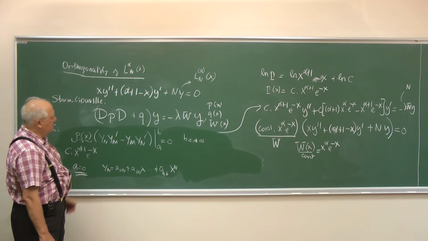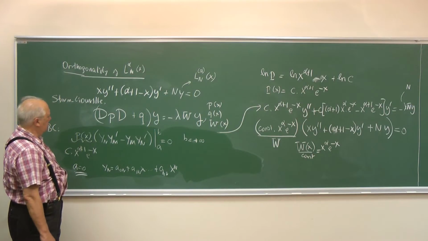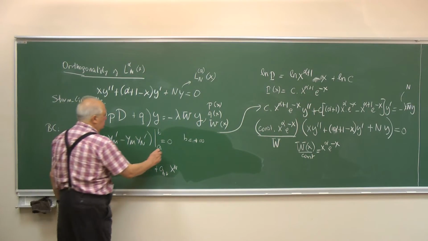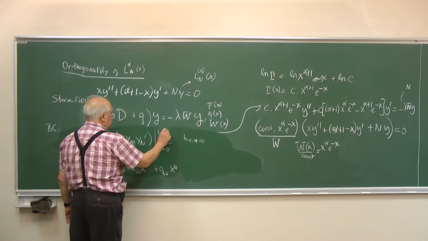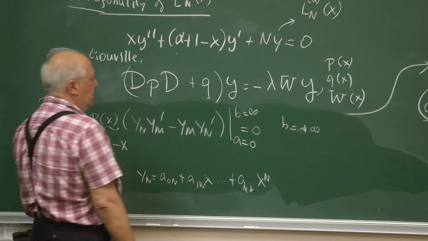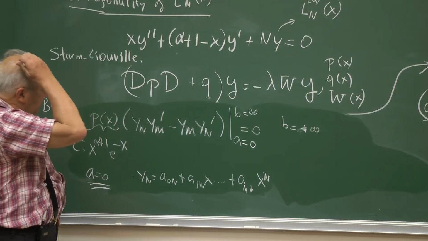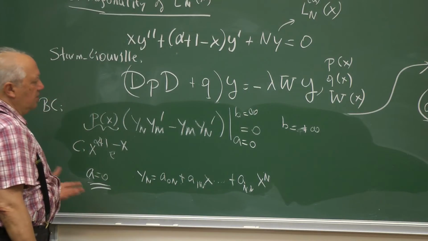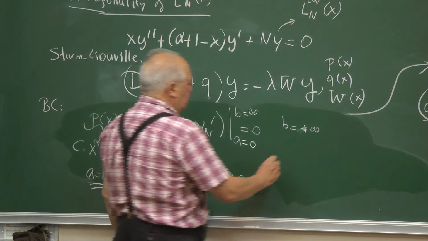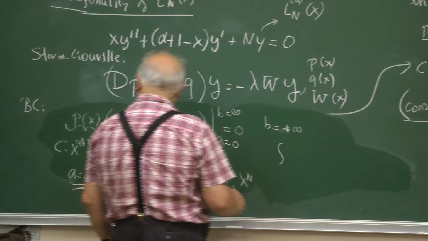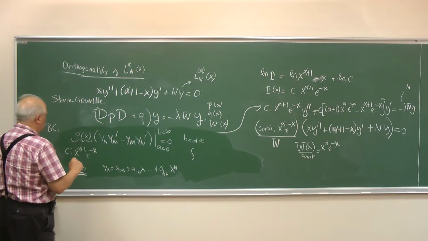So a, b are from 0 to infinity. So if we set this equal to 0 and this equal to infinity, this is satisfied. In that case, we know from the Sturm-Liouville theory that there's only one more condition I should state.